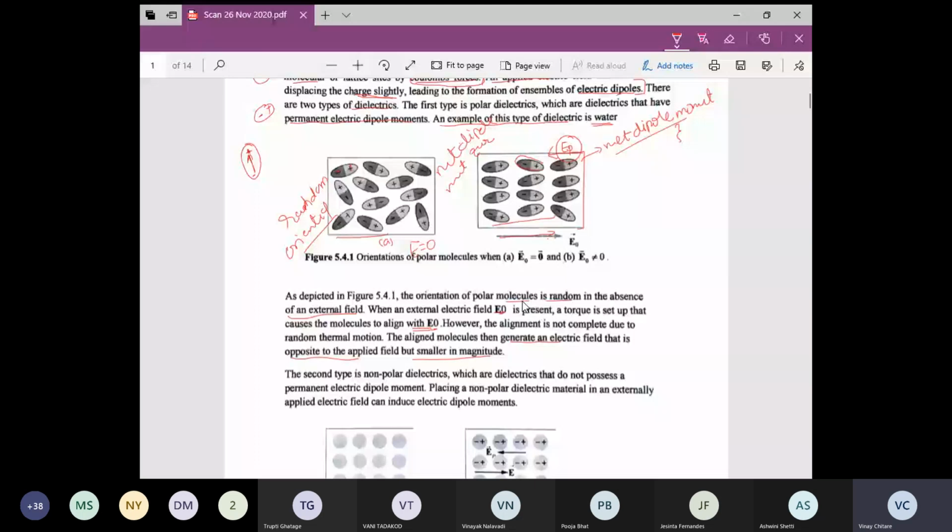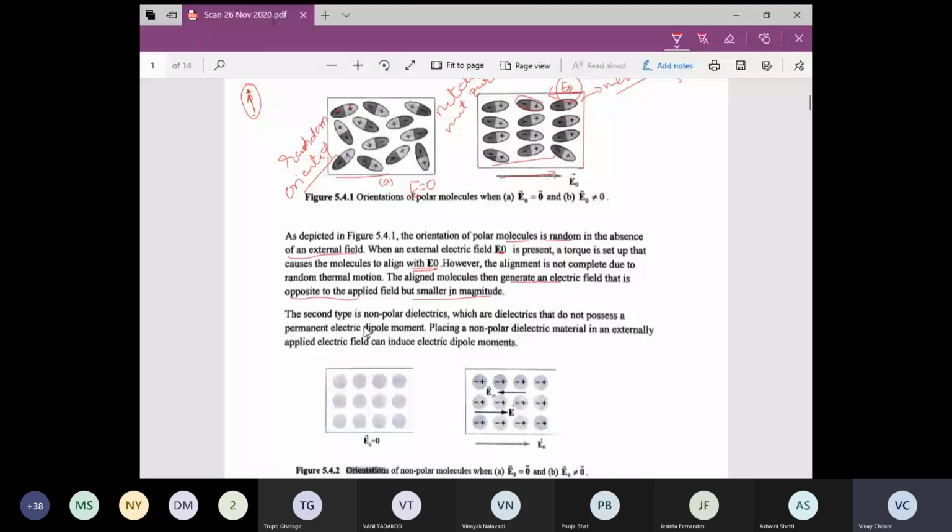The second type of material is called non-polar dielectric, which are dielectrics that do not possess a permanent electric dipole moment, unlike the materials we saw earlier. A non-polar dielectric material in an external applied electric field can have a dipole moment induced.